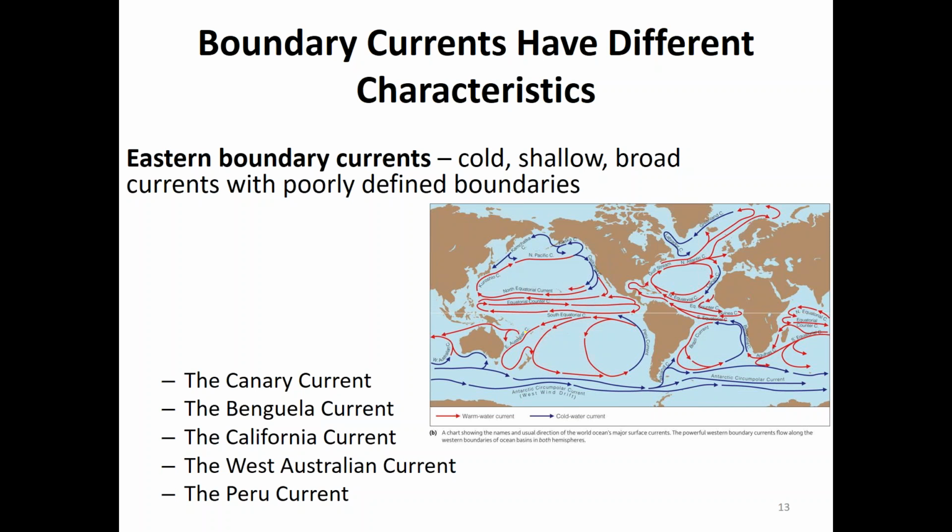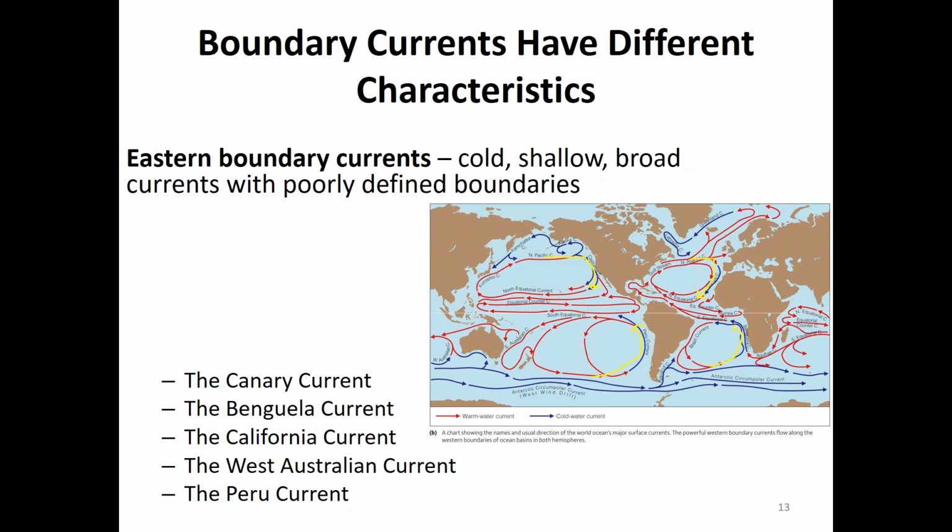Instead of having water moving in them to large depths, these currents are very shallow, so water is only moving in the very surface portion of the ocean. So they're broad, they're shallow. Instead of being warm, they're cold because they're bringing cold water from high latitude down to low latitude. And instead of being very quick and fast, they are slow.